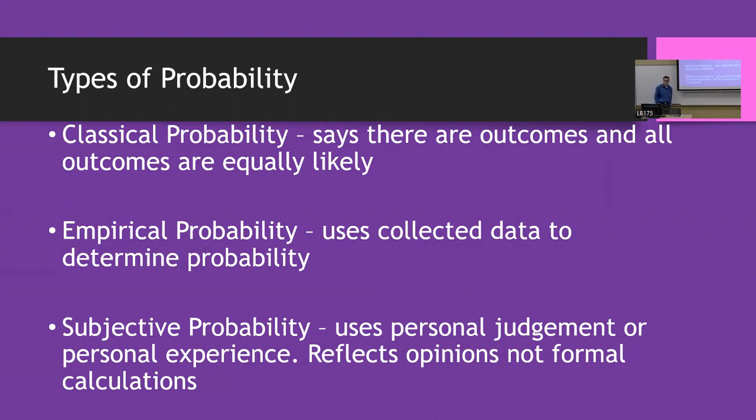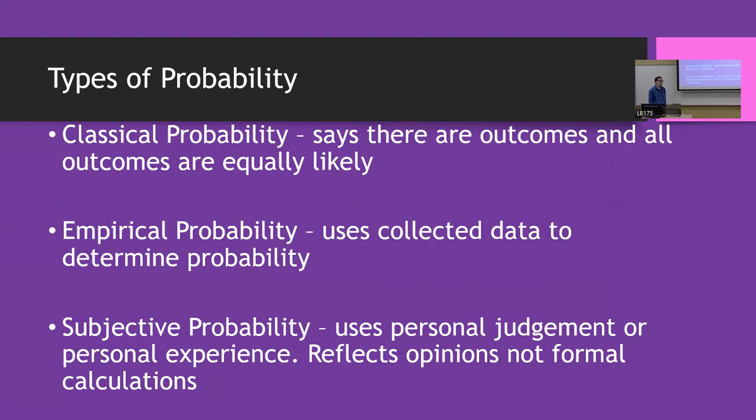So when you're calculating probabilities with classical probability, what you do is you assume that every outcome is equally likely. Remember we talked about outcomes of a probability experiment last time.